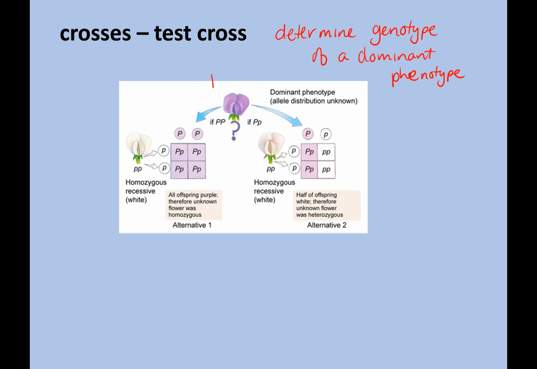So if purple is dominant, you don't know if this flower is homozygous dominant or heterozygous because they're going to look the same. So a test cross is always to a homozygous recessive organism.